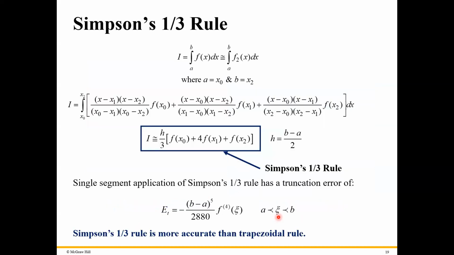So how do we establish these formulas? Just as we did in the trapezoidal rule, we will equate the general form of the integral with its approximate form. In this case, the approximate form will be the second order polynomial represented by f sub 2 of x, from a to b. This f sub 2 can be represented by a Lagrange polynomial of second order.